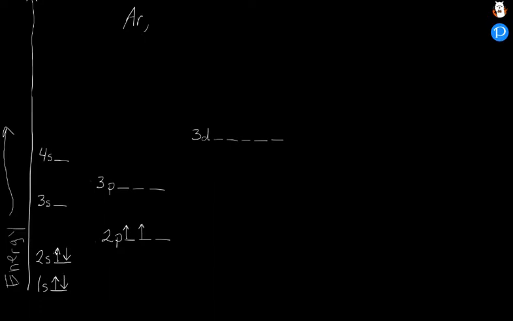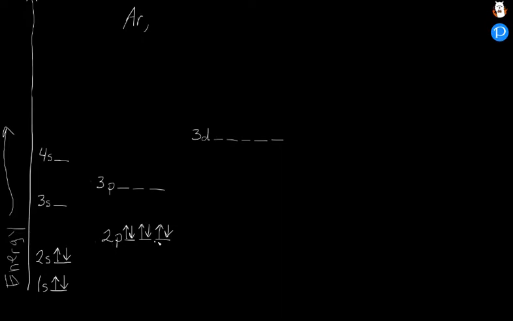So we've got 1, 2, 3, 4, 5, 6, 7. Now remember, when we have more than one orbital like that, if there are open orbitals, we put an electron in there first before we start doubling up. Notice I put a single electron in each one first, and now I can go back and start doubling up. So that was 4, 5, 6, 7, 8, 9, 10.